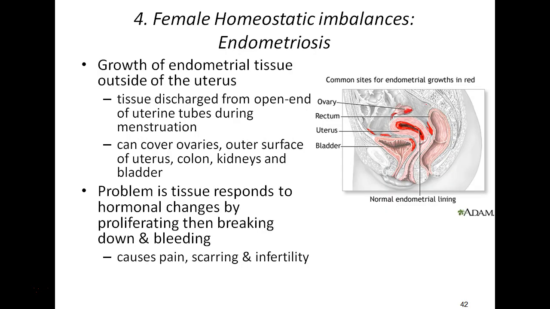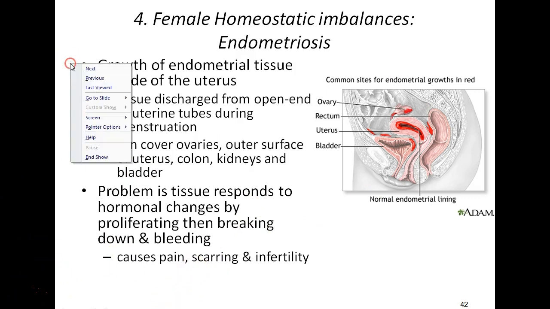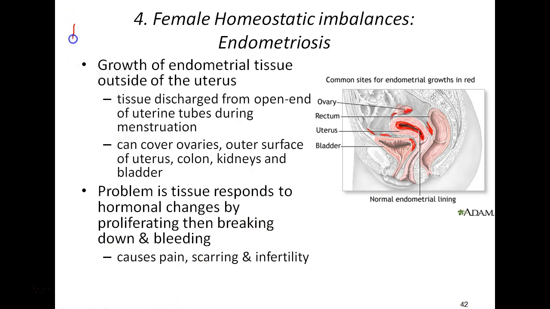Another homeostatic imbalance in the human body is endometriosis. Students who are following along in the McKinley text will find more in-depth information on page 1110. Endometriosis occurs when part of the endometrium is displaced onto the external surface of the organs within the abdominal cavity.